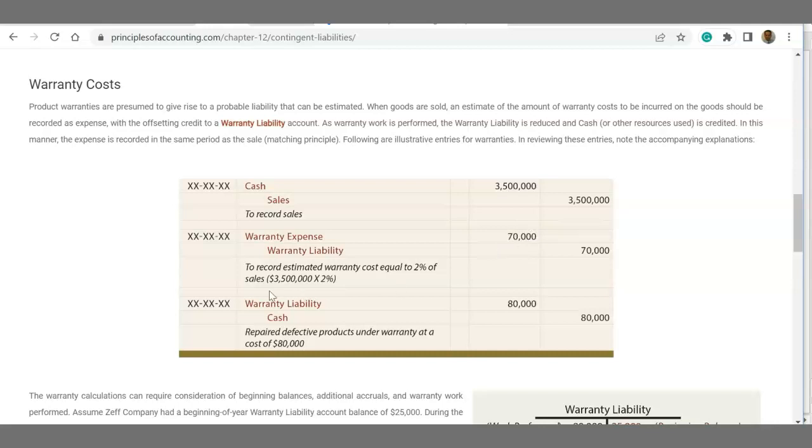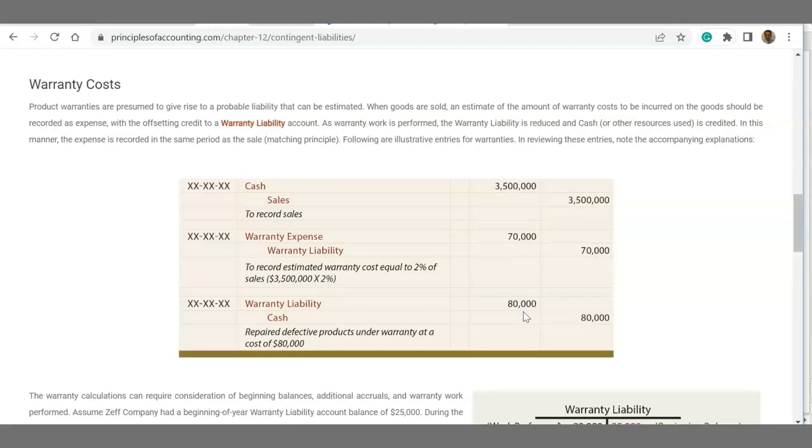Based on, let's say, experience, this company thinks about 2% of sales normally ends up in the warranty expense. So 2% of $3.5 million sales is like $70,000 warranty expense. But because nothing happened yet, they record it as a liability, which is warranty liability.